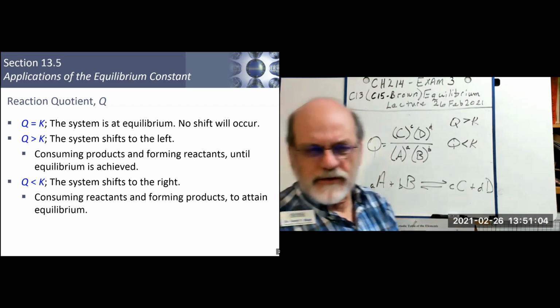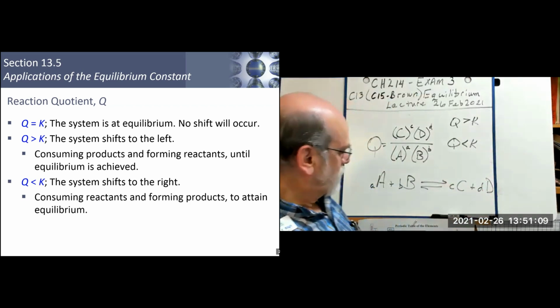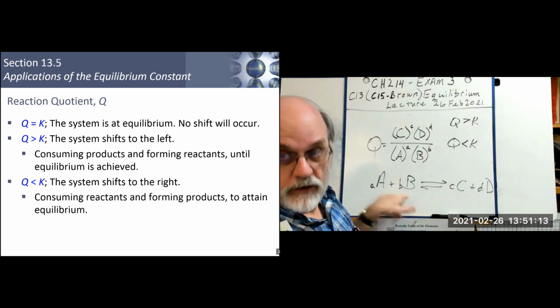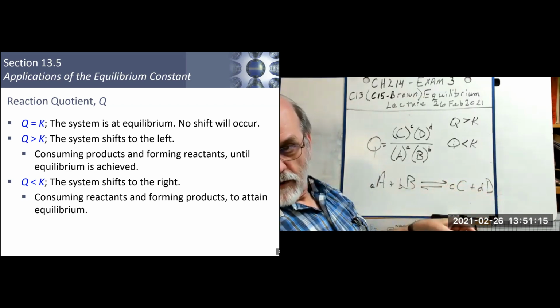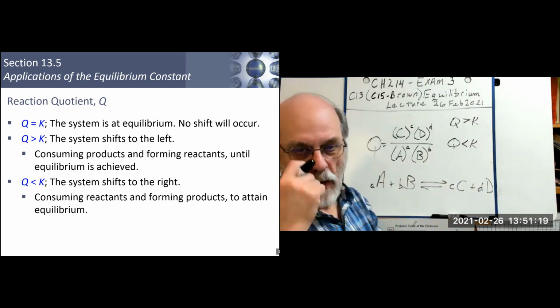Now, there are some circumstances where you don't need Q, right? If you're starting a reaction with A and B, then you know it's going to the right. Or if you start with C and D, you know it's going to the left. No doubt about it.